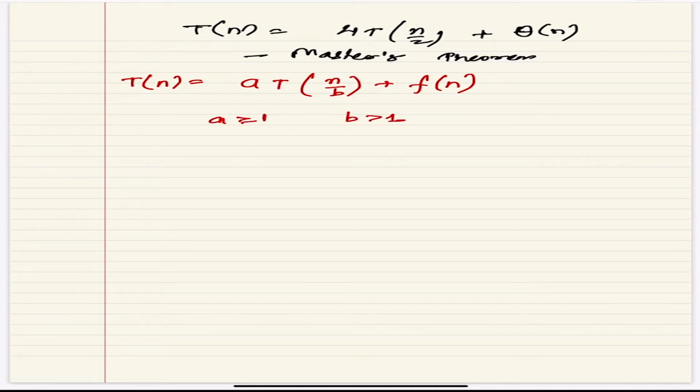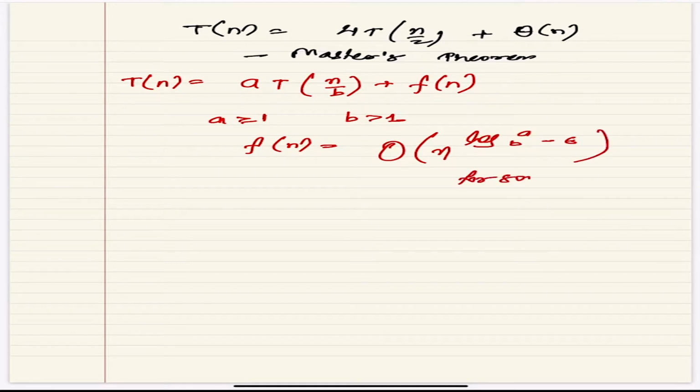And if you can see that f(n) is order of n^(log_b a - epsilon) for some epsilon greater than 0. Okay, so if you can ensure that, then you can write T(n) as theta n^(log_b a).